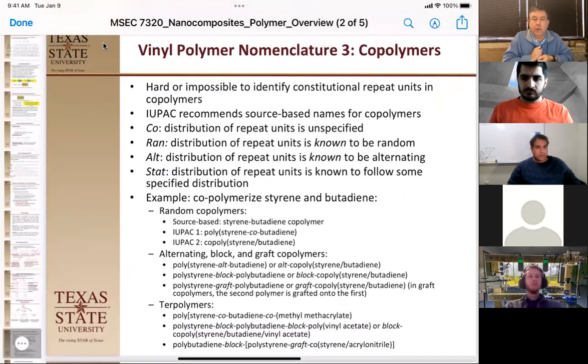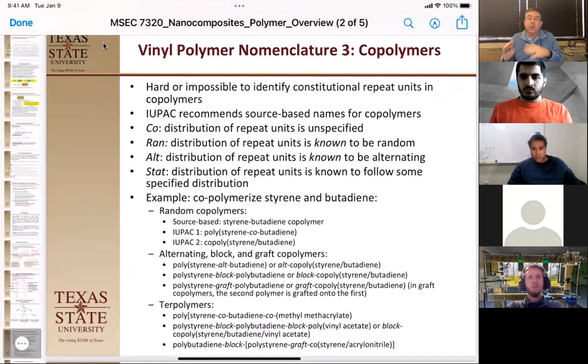All right, that's just the homopolymers. Now, what if you have a mixture of, say, ethylene and propylene together because I want to change the properties to not be just ethylene or just propylene? Well, then that gets even harder, if not impossible, to identify them. So we recommend a couple different things.